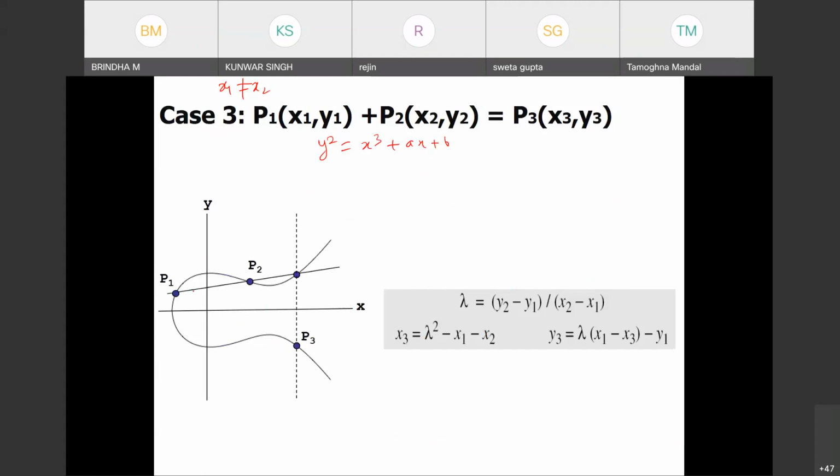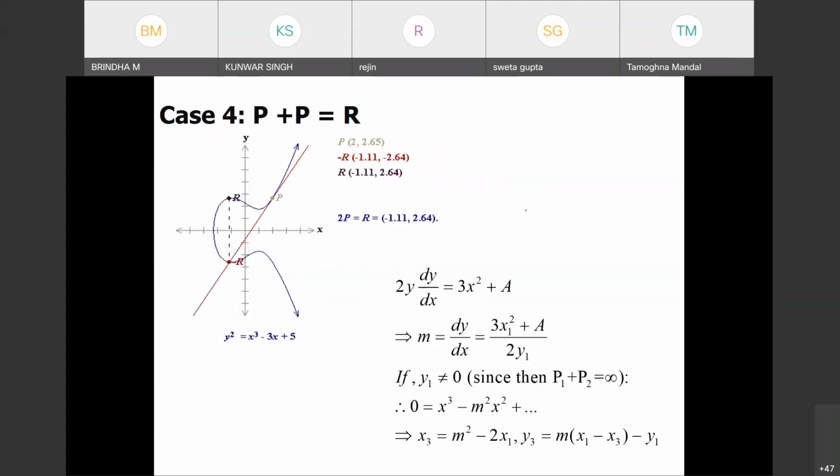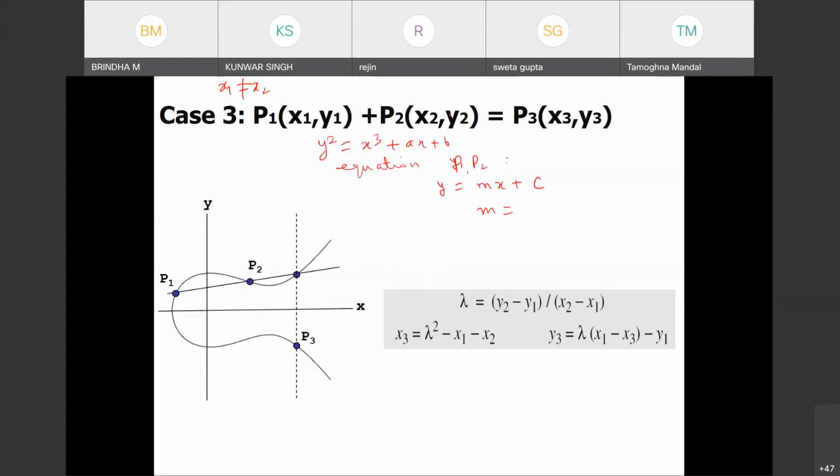Now you can see the equation of the line through P1 and P2 will be y equal to mx plus c, the line equation, where m is the slope, which is y2 minus y1 over x2 minus x1, and c is the intercept.